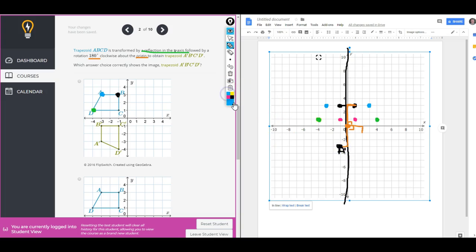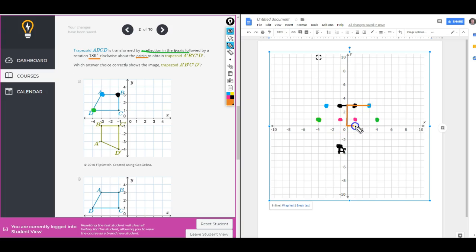So we're going to do it again for point B. Let me erase this. Oh, point A disappeared. Okay, so now we're going to do it for point B. So from the origin, it's up 1, 2, 3, over 1, 2, 3.